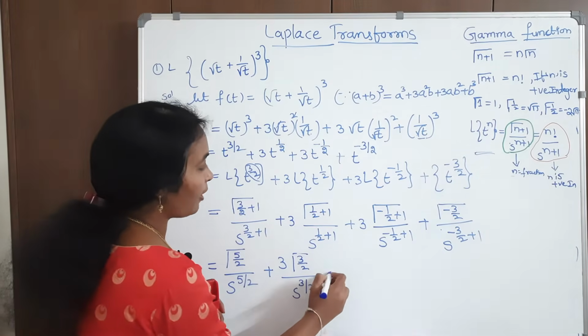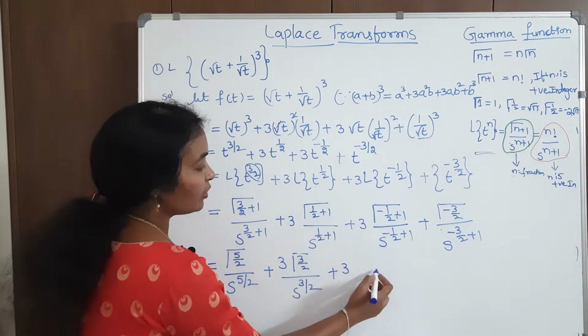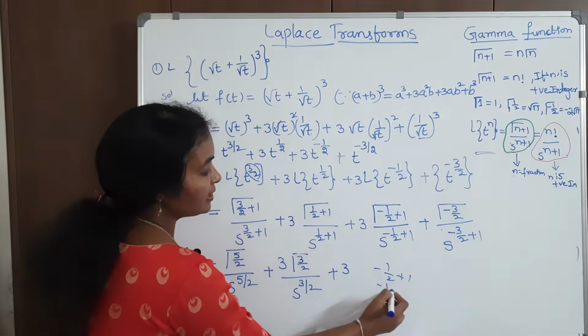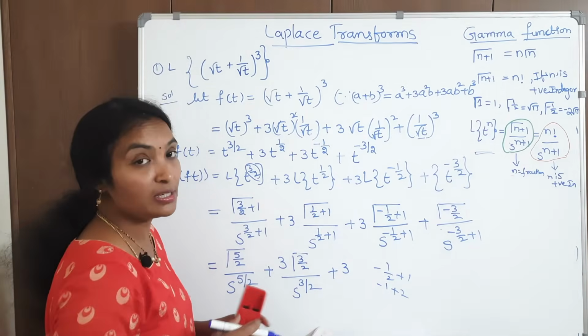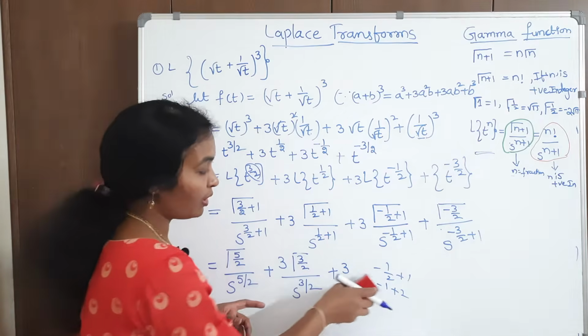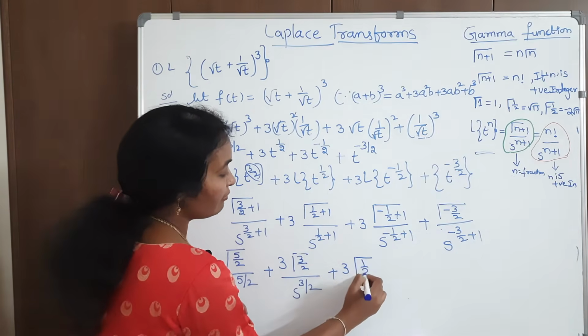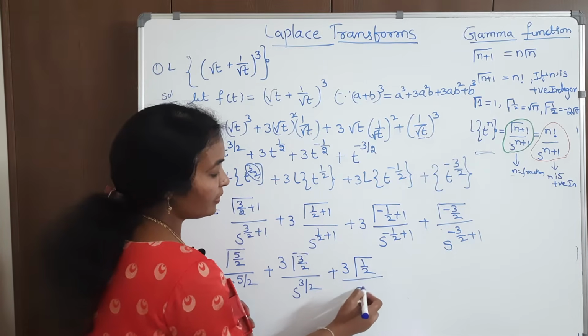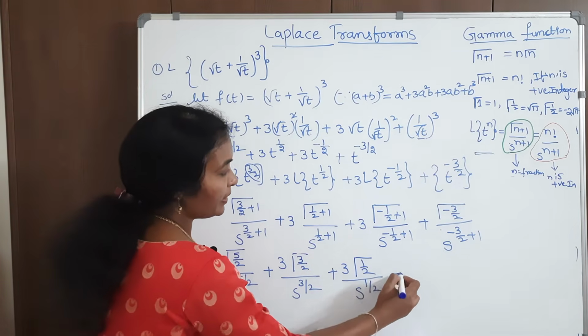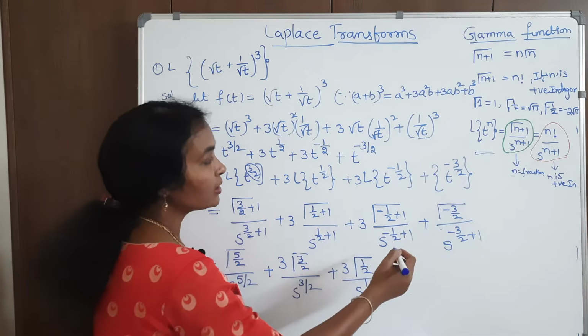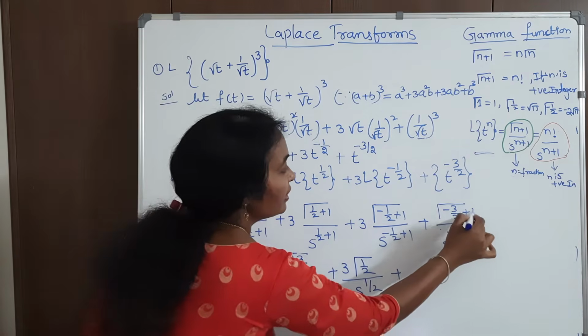Okay? Now, 3. This is what? Minus half plus 1, minus 1 plus 2. This will change to positive half. Then s power, gamma of half by s to the power of half plus, sorry, one term is missing.